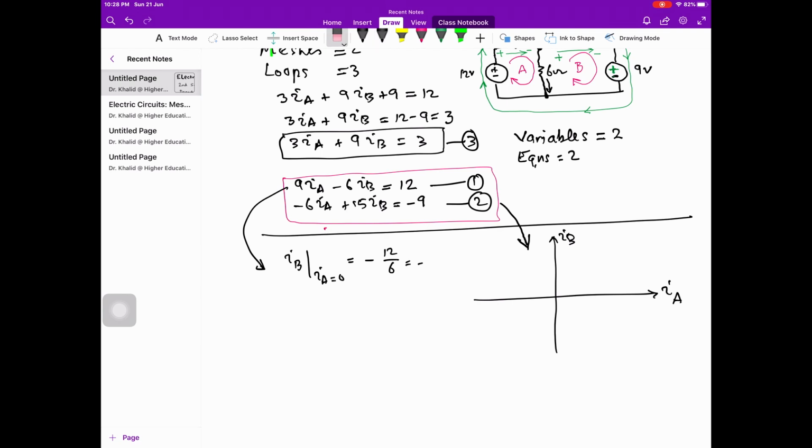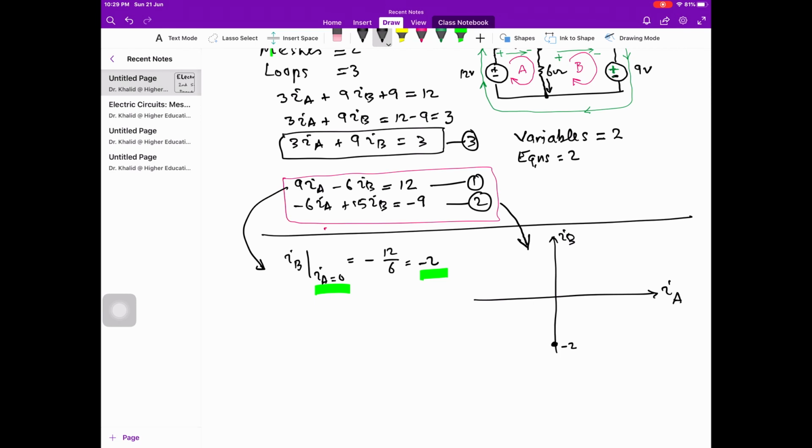This is straightforward. For IA equal to 0, IB is minus 2. Where is this point on this plane? IA is 0 and IB is minus 2, so we are here.